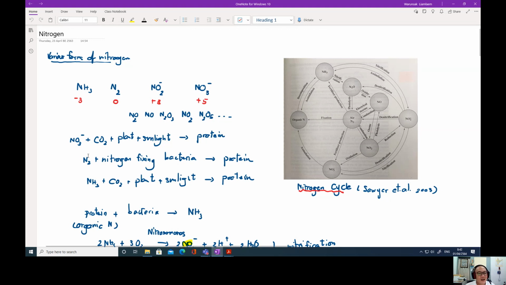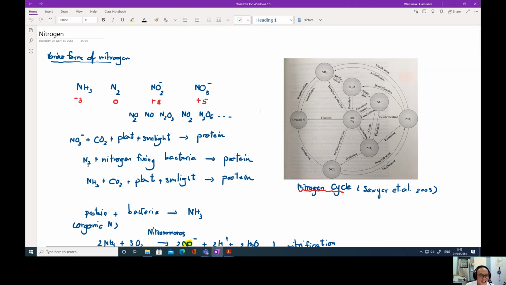For example, nitrate in nature, by photosynthesis, can be utilized by plants to synthesize proteins, while carbon dioxide is also used. Some biological reactions are conducted by bacteria called rhizobium, or actually rhizobium is more or less a fungi, but some bacteria can also conduct this reaction.